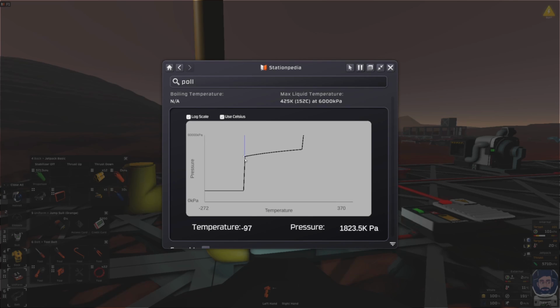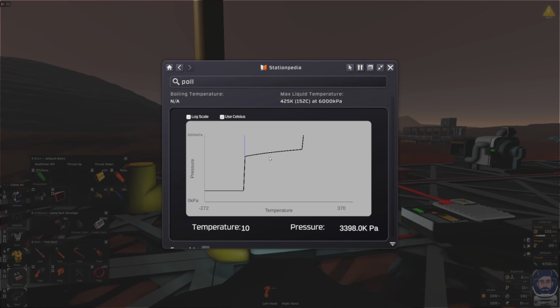So if we were to cool pollutant below about 98 degrees Celsius, as you can see at the bottom of the display, it would freeze. Above that temperature, its state will depend on whether the pressure is above this line or below this line, for the given temperature. If the pressure is below this line, then it will be a gas.